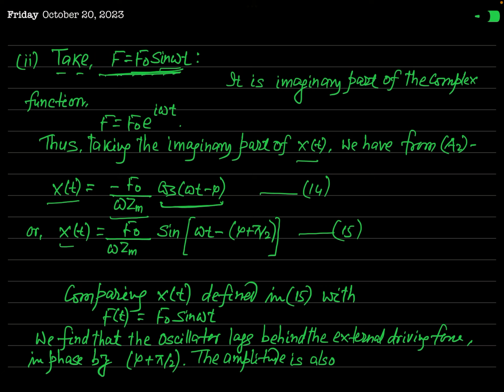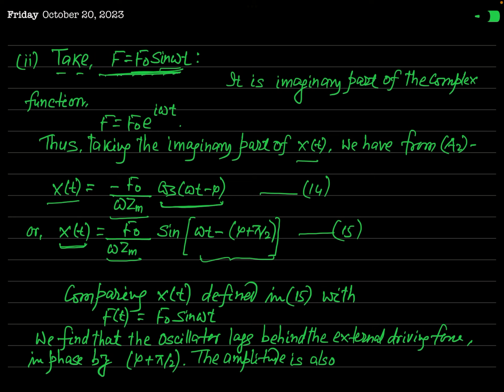And so we can write x of t is equal to F naught over omega Zm times sine(omega t minus phi plus pi by 2). So this is the steady state term when the applied force is taken as F naught sine omega t.